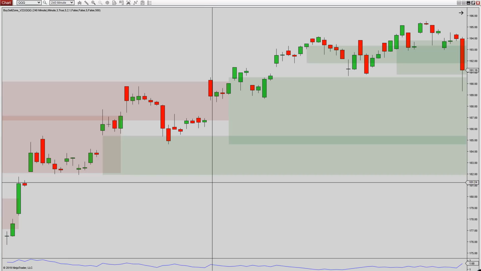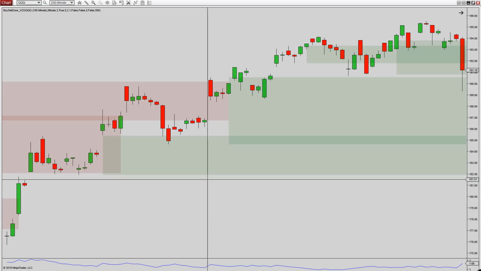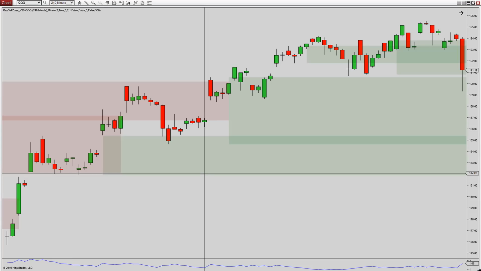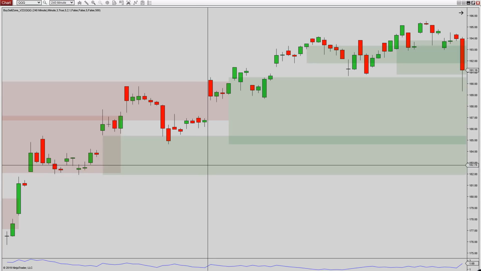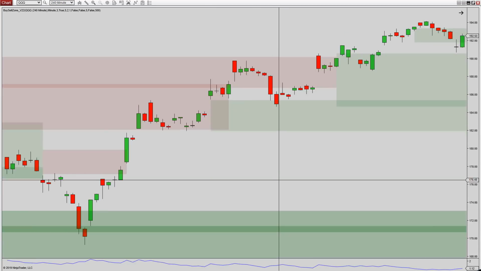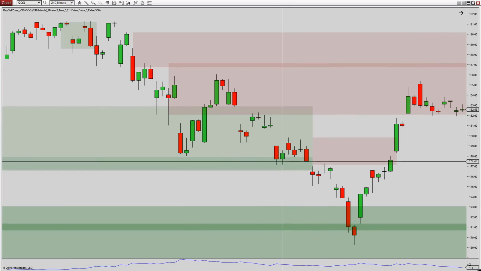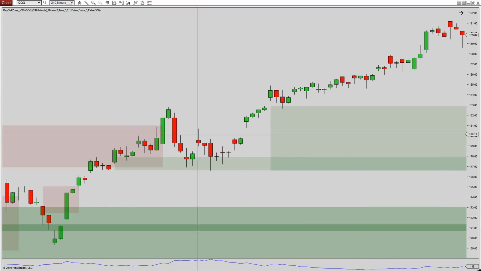One thing I wanted to share with you guys is I was doing a backtest just this week, and I started noticing things inside of these zones that I haven't seen before. Let me see if I can find an example of it. I'm going to outline the rules for you guys so that you can see this in action yourself. Give me one second here. Let me find an example.